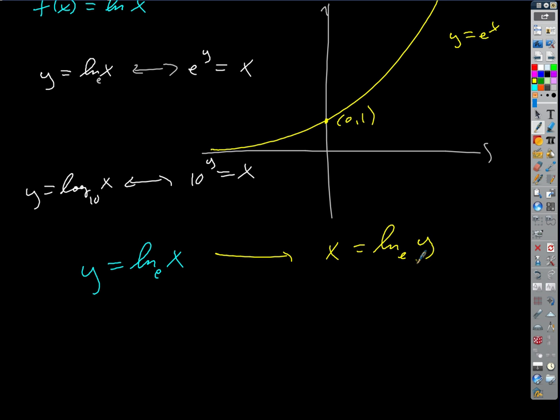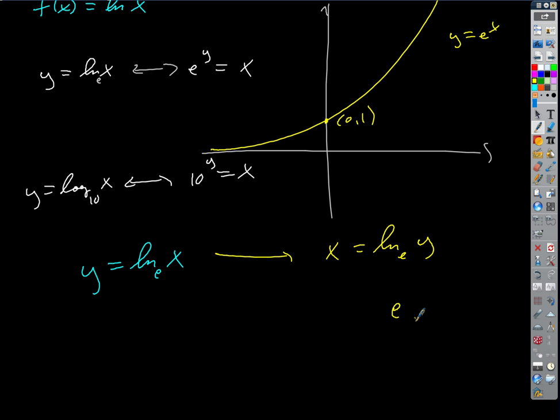Okay. I want to isolate the y there. Well, what could I do? Yeah, I could just write the equivalent statement, couldn't I? Write that logarithmic statement as an exponential statement. A log is an exponent. So my base is e, right?